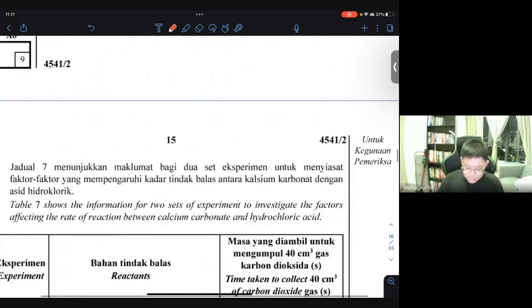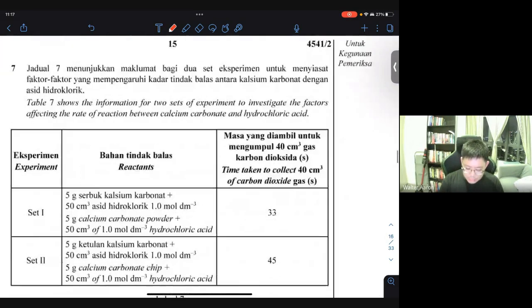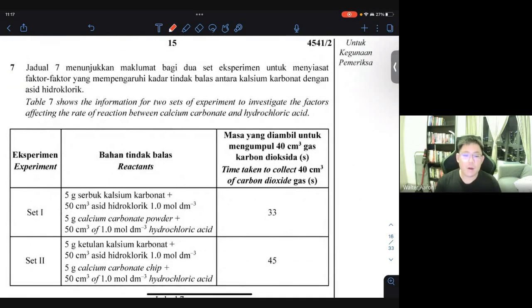All right, let's move on to the next question. This is number 7. So table 7 shows the information of 2 sets of experiments to investigate the factors affecting the rate of reaction between calcium carbonate and hydrochloric acid. So set 1 and set 2, if you see properly, you realize that the mass of the calcium carbonate and also the concentration and volume of acid is the same.